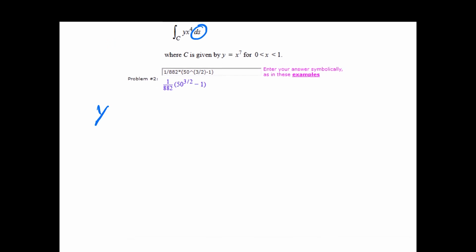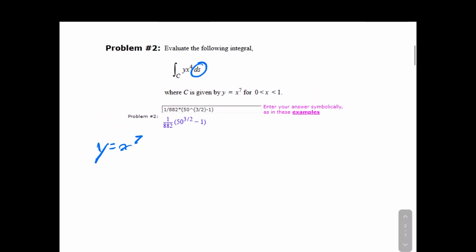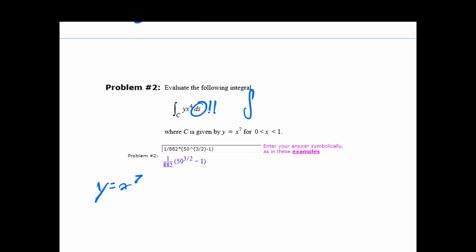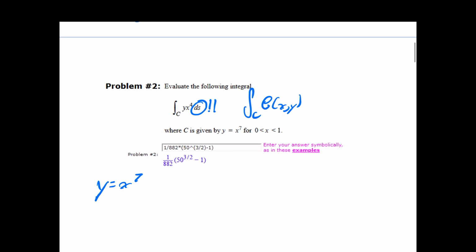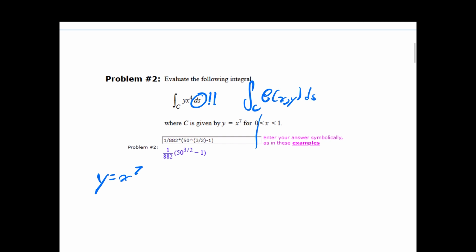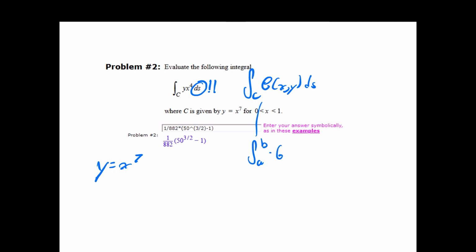They tell you y equals x to the 7, and with ds, when you see ds, associate that with the line integral of g at x, y. It's a function of more than one variable, ds, and this will be equal to your boundaries times g at f at t and g at t, which is a good way of looking at it when you separate it, times the square root of f prime at t squared plus g prime at t squared. That's about it.